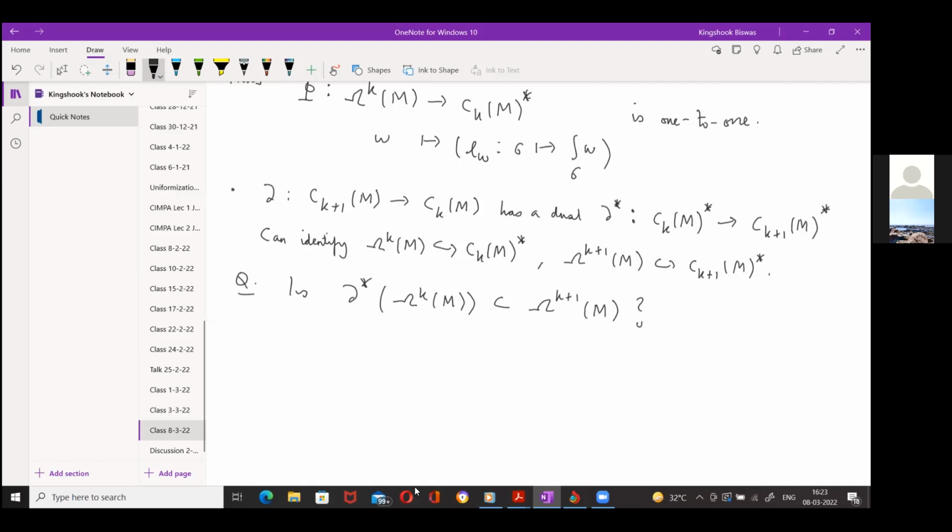So everyone is familiar with Stokes' theorem for chains, for cubes in R^n? Yes. Fine. So then we'll assume that and we'll proceed next time.